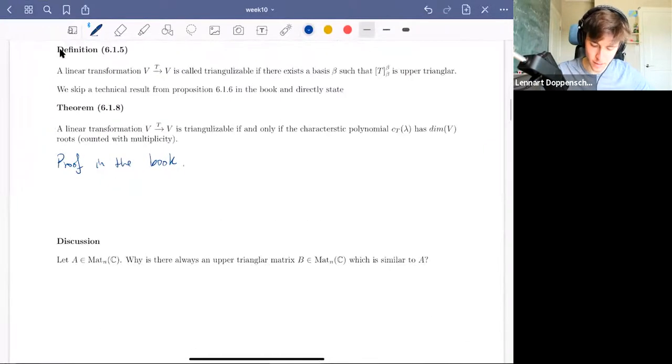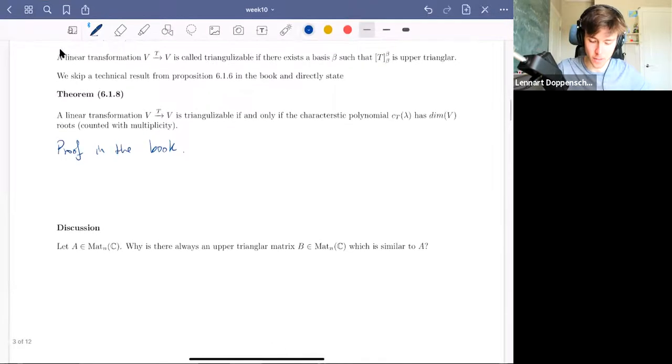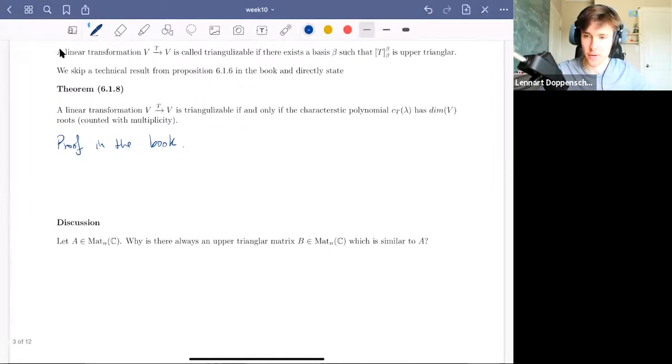All right, so let's try to answer the following question with this theorem. If you have a matrix with complex entries of size n by n, is there always an upper triangular matrix B which is similar to A?